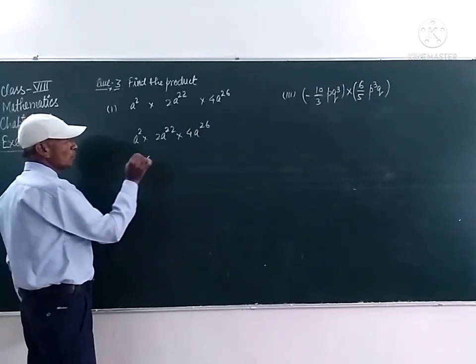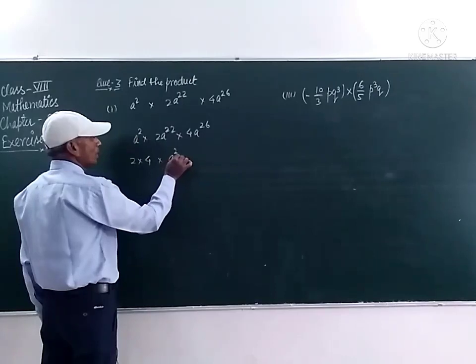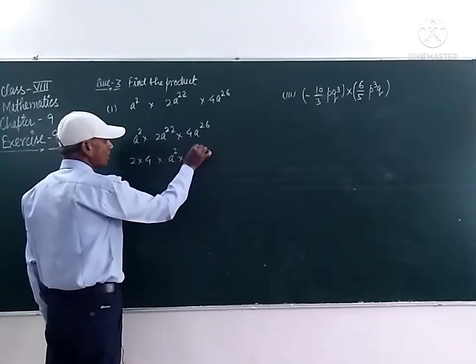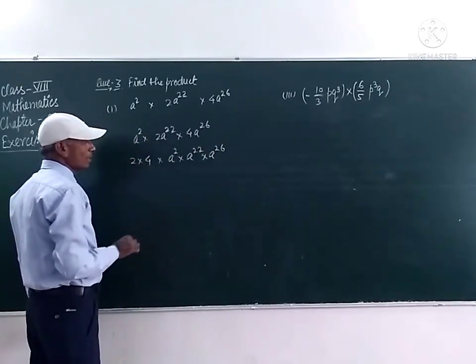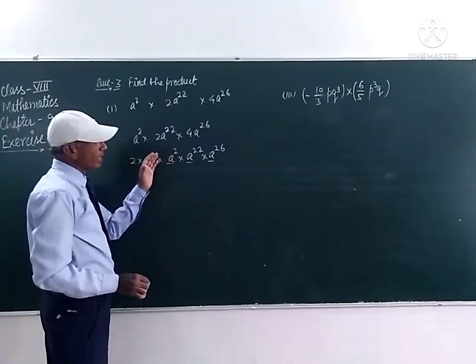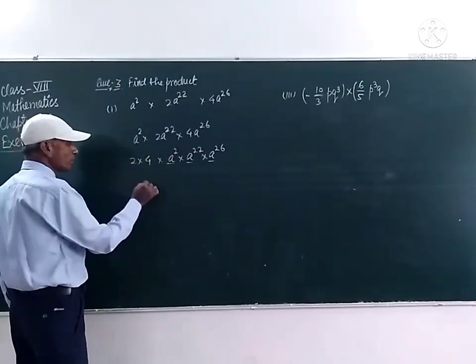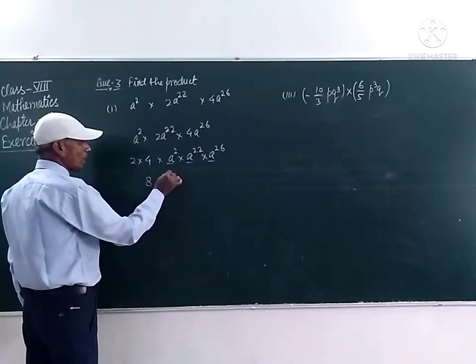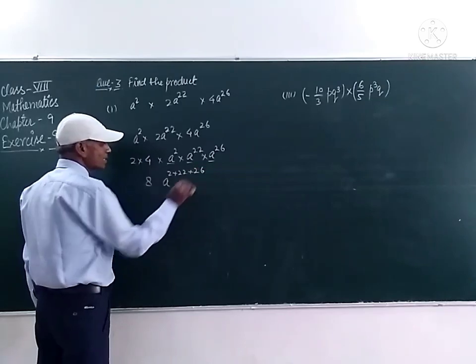So 2 into 4 into a to the power 2 into a to the power 22 into a to the power 26. The bases are the same, student, then exponents will be added. In the next step, 2 fours are 8, a to the power 2 plus 22 plus 26.